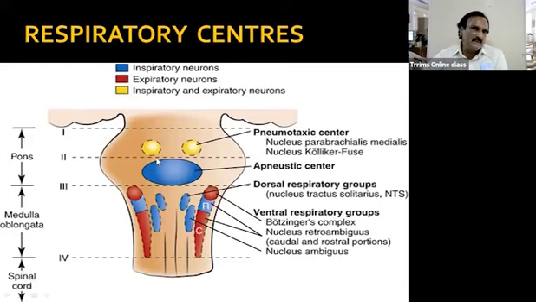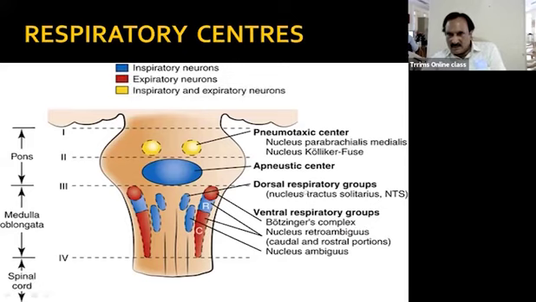And below that, you have what is called the apneustic center. Try to know about this spelling also. These two, the pneumotaxic center and the apneustic center, are normally present in the pons.